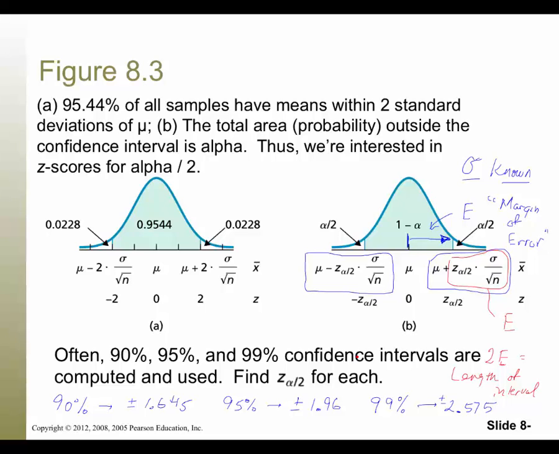You would take half of 0.15. So the alpha then would be everything not under the curve. For 85% would be 0.15. And so then what would this area be here? So the total here is 0.15.